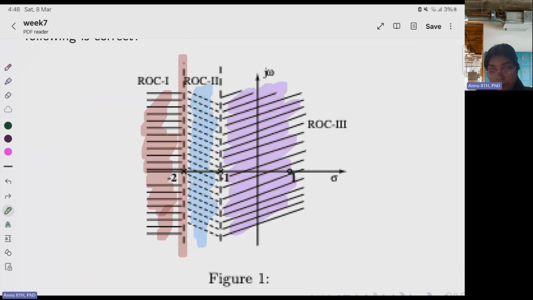Stability directly implies that a bounded input should lead to a bounded output. That was the implication that is required.